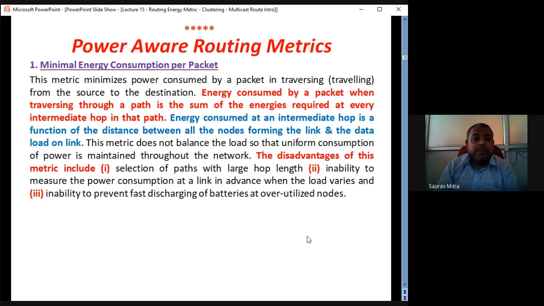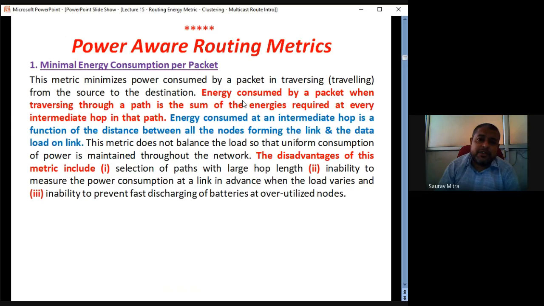Now come to the main important question. What are the 5 design metrics? In the exam, if it is asked, you have to explain these 5 points. The first point is minimal energy consumption per packet. That means whenever a packet is traveling from the source to the destination, it should consume minimum energy.